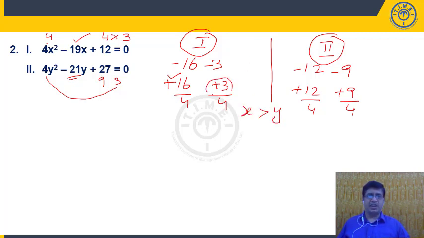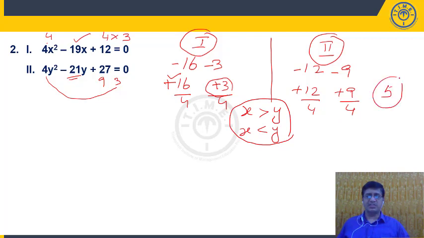But when you observe this 3 with respect to the values of y, 3 is less than 12 and 9. So in one case it is more, in another case it is less. So what is the conclusion? There is no relation. Based on the directions we can mark it as choice 5. Option 5 is the right choice. It is not possible to make any relation, so the relation cannot be established.